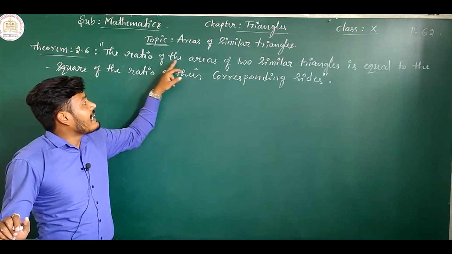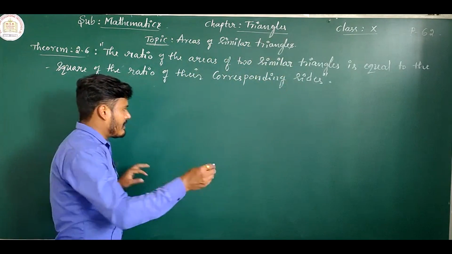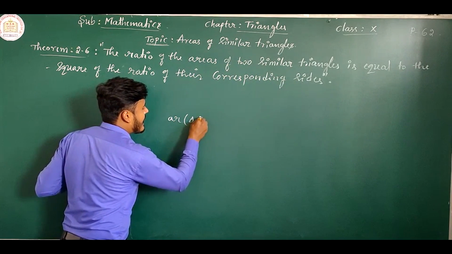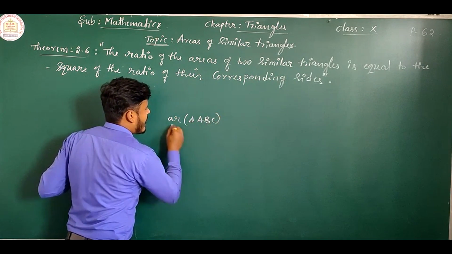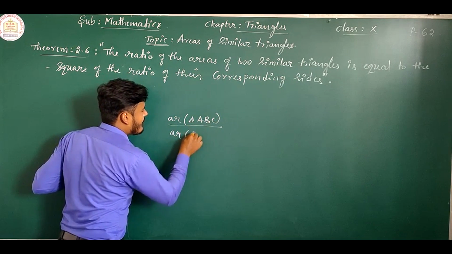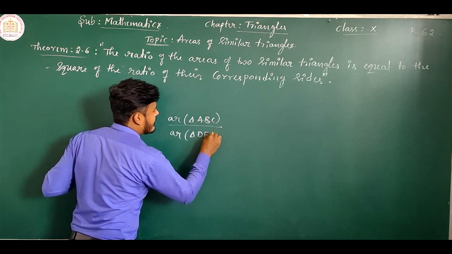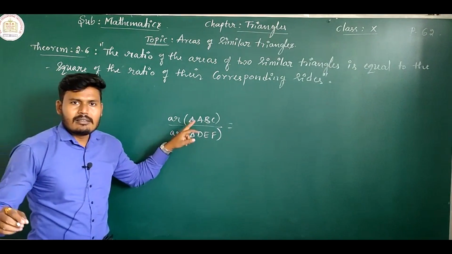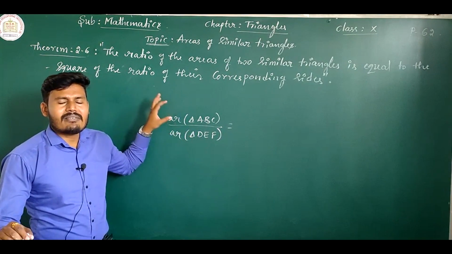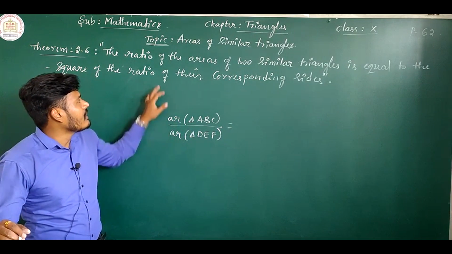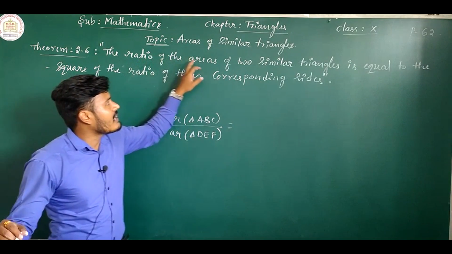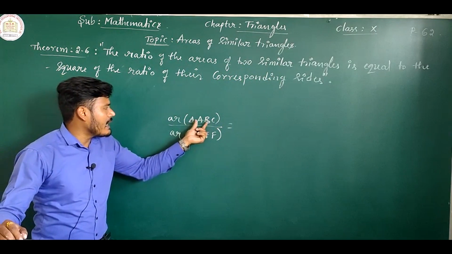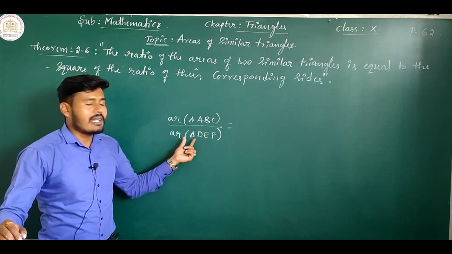Then the areas of those two triangles, that means the area of one triangle, you may consider triangle ABC, divided by the area of one more triangle, triangle DEF. Ratio is nothing but a fraction, so we can take the given statement, the ratio of the areas of two similar triangles, like this: area of triangle ABC divided by area of triangle DEF.